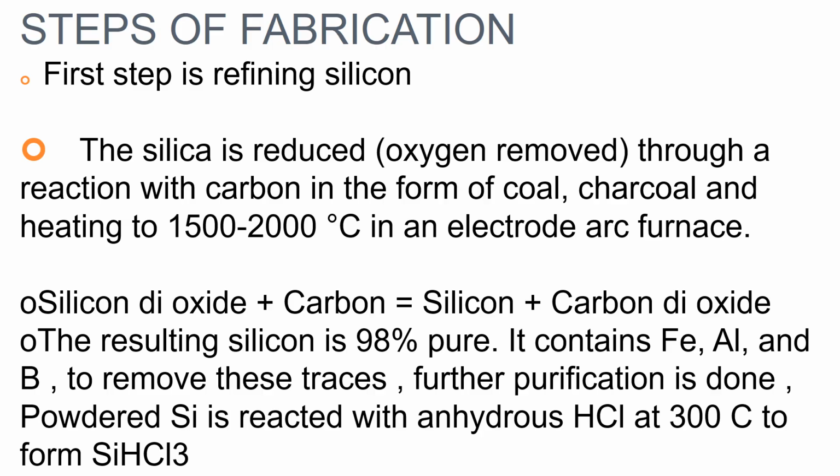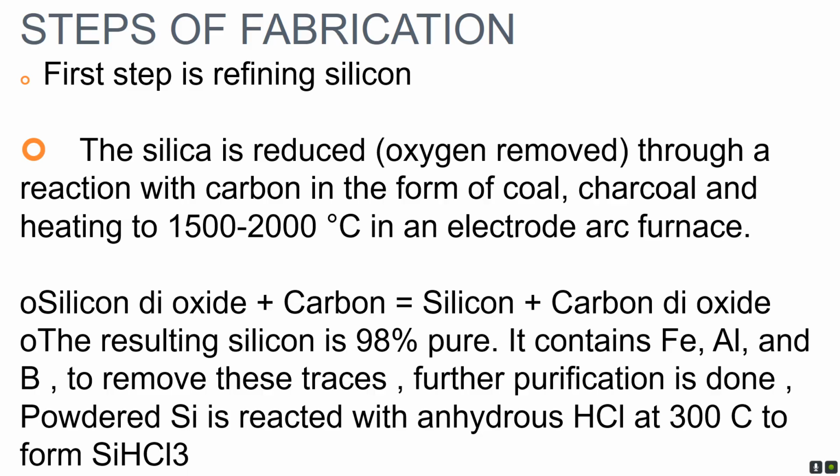So the basic equation is silicon dioxide plus carbon results silicon plus carbon dioxide. The resulting silicon is 98% pure. It contains iron, aluminum and boron. To remove these traces, further purification is done.